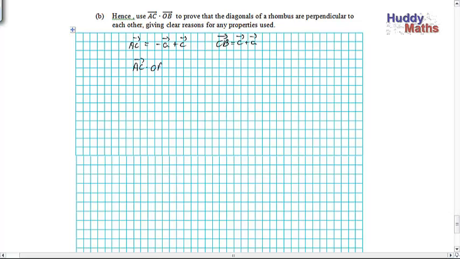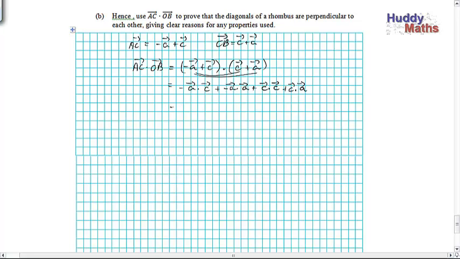AC dot OB will be negative A plus C dotted with C plus A. Do you know the rules for the dot product? So it's negative A dotted with C plus negative A dotted with A plus C dotted with C, and then plus C dotted with A.